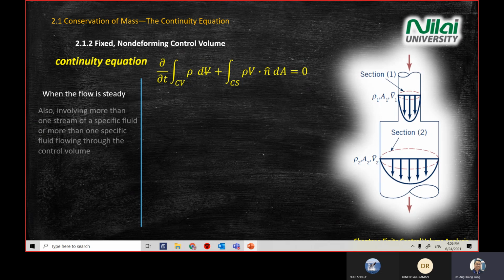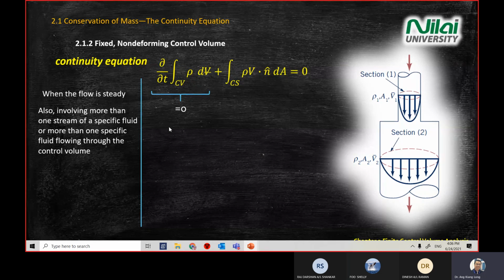We have two scenarios here. What happens if the flow is steady? When the flow is steady, straight away you can draw an arrow and write steady, then write equals 0, and you will score some marks for the steady flow scenario. Sometimes the control surfaces term will also equal 0 when we have a steady flow going across the surfaces.